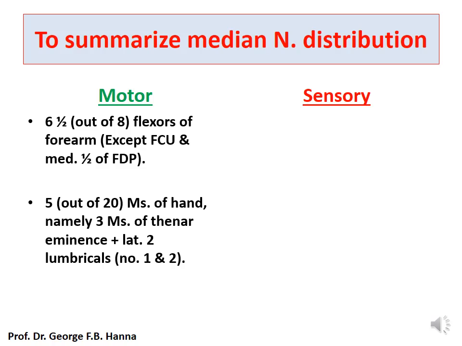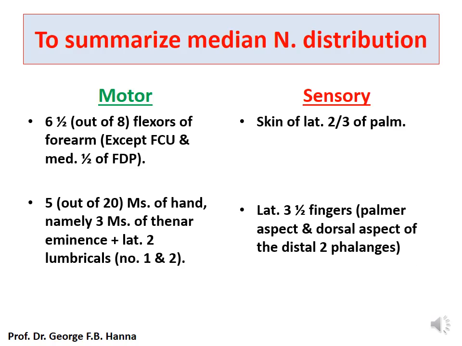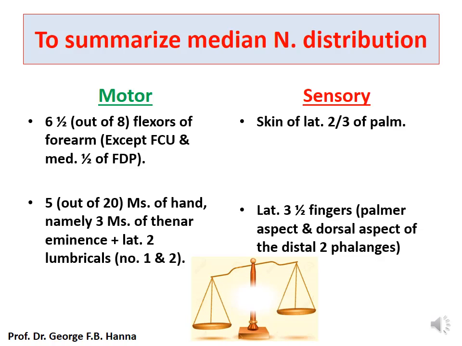Let us go to the right side of the screen, sensory distribution. Of course, by the palmar cutaneous branch of the median nerve, skin of the lateral 2/3 of the palm, as well as the lateral 3.5 fingers, palmar aspect, and the dorsal aspect of the distal 2 phalanges. These fingers are supplied by the 2 terminal branches of the median nerve in the hand. As I told you before, there is a sort of balance between the motor and sensory.